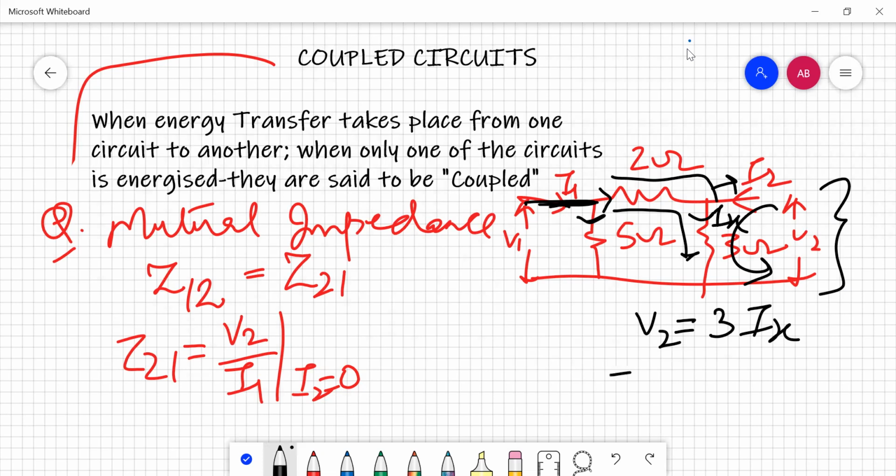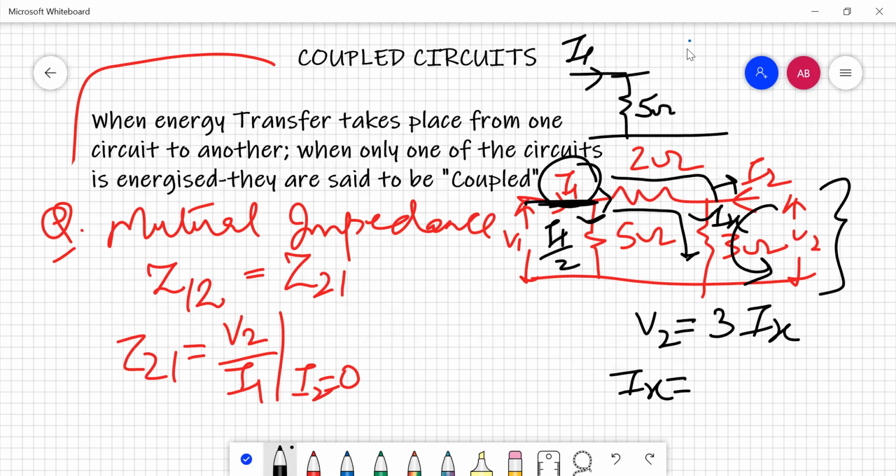So when I need to calculate this Ix, this I1 is going to get divided half between 5 ohm and 5 ohm because both are in parallel. This is my I1. So this is 5 ohm and this as well is 3 plus 2, 5 ohms. So I1 will get divided into half.